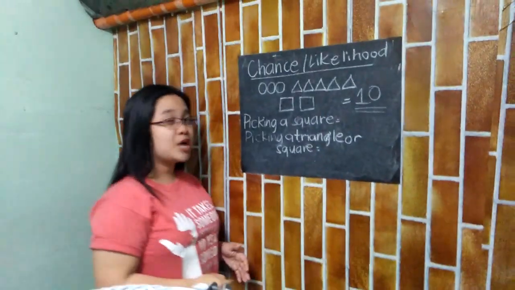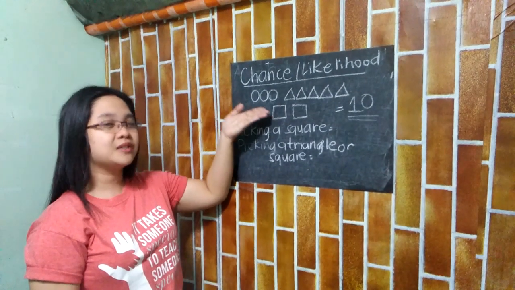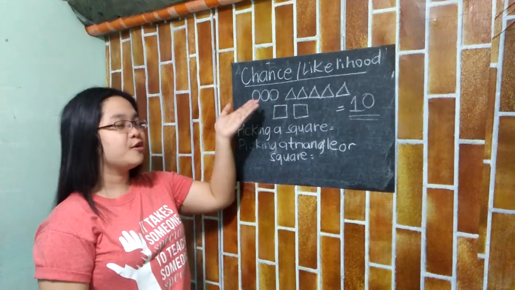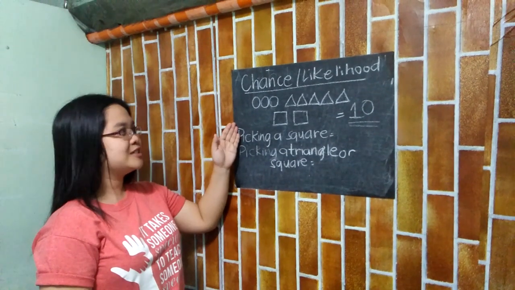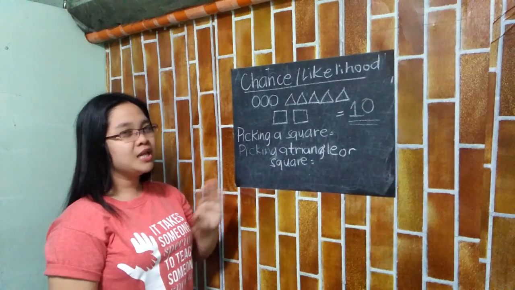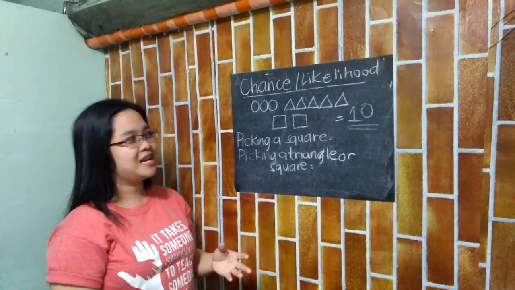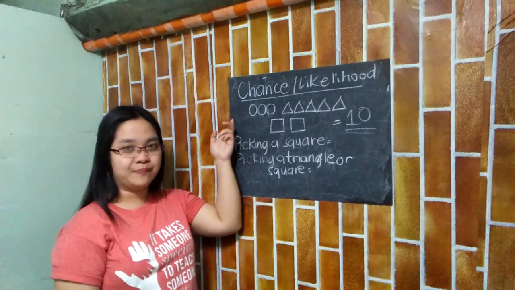So when you say possible outcome, as you can see on our illustration, it is the total number of possible events that can happen. So in this case, since we have 10 shapes drawn on the board, meaning to say we have the 10 chances of having this possible event to happen.